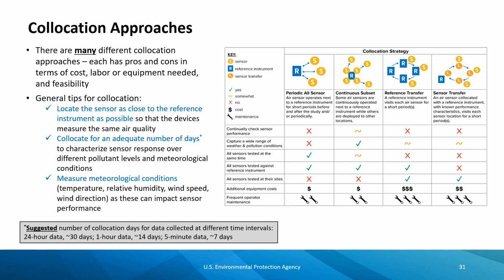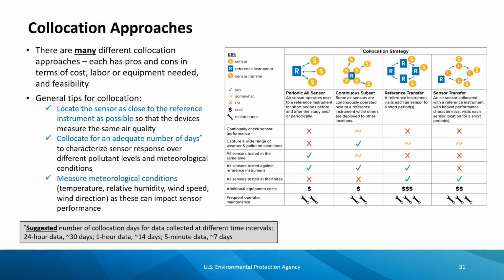What do we mean by an adequate number of days? This phrase is intentionally vague because it depends on the scope and purpose of your project. Our recommendation is to capture enough data so that the sensors experience the conditions that you expect to encounter once you move them elsewhere. That means the same range of pollutant concentrations, temperature, and humidity.